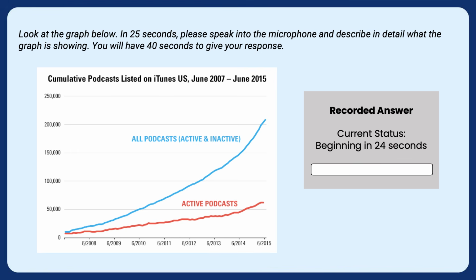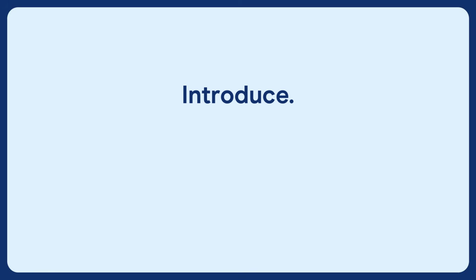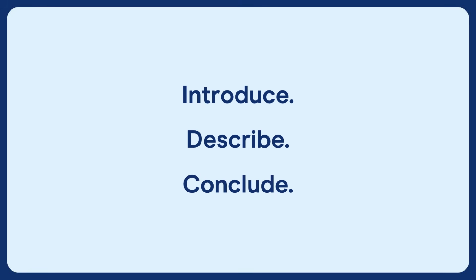You'll have 25 seconds to prepare to speak, and then 40 seconds to describe the image. You need to introduce, describe, and conclude your description of the data in the image.